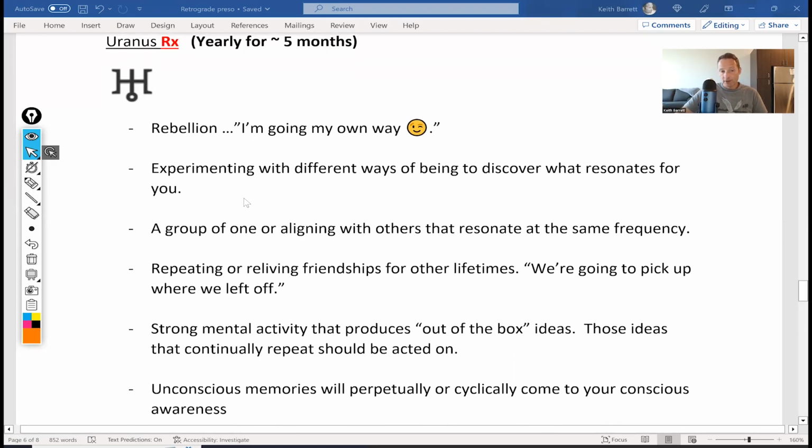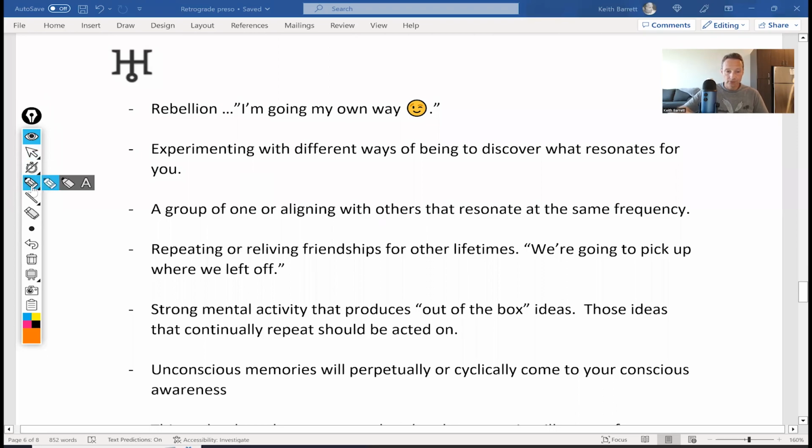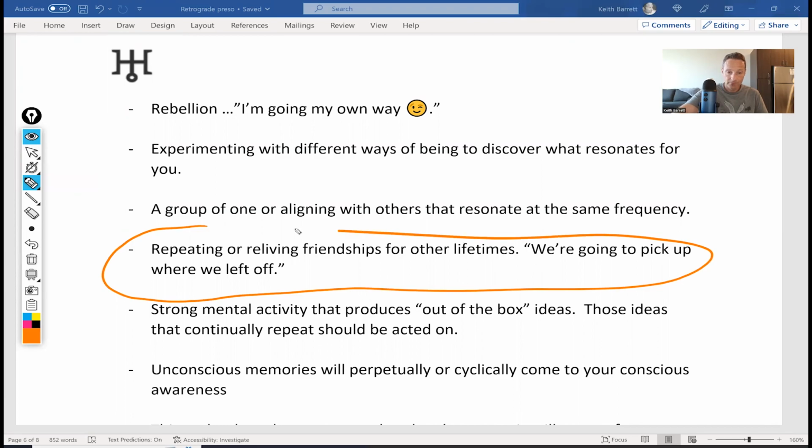The other thing with Uranus retrograde is repeating relationships with friends, or people you've contributed to society with in some form in past lives, where you agreed to pick up where you left off. I've had a couple of discussions with an astrologer friend of mine, and she said, I feel as astrologers, we've all done this work before.